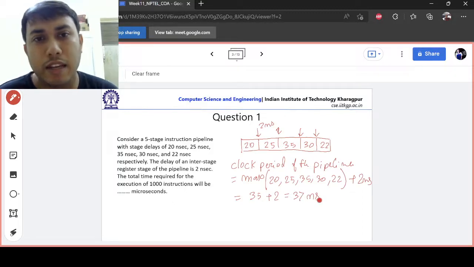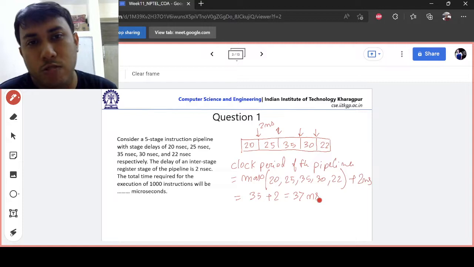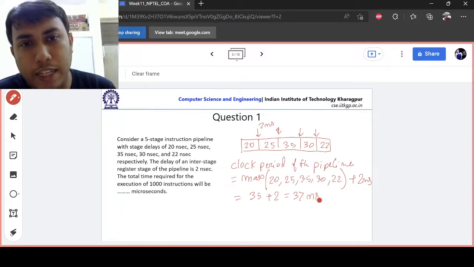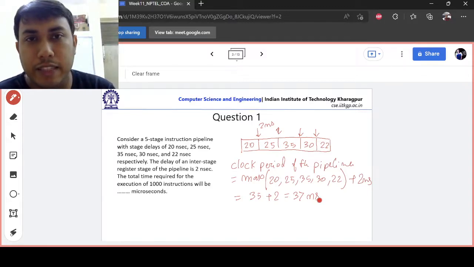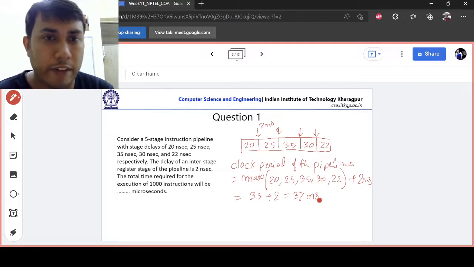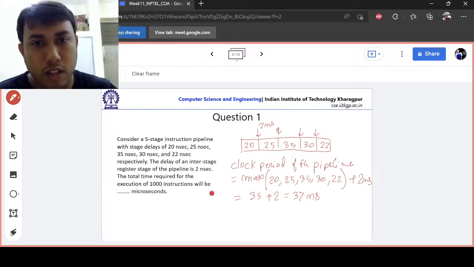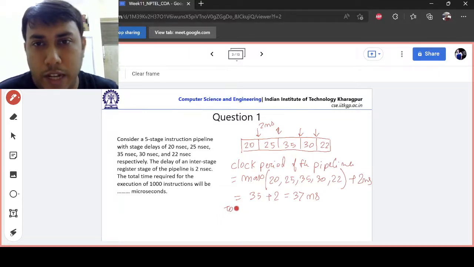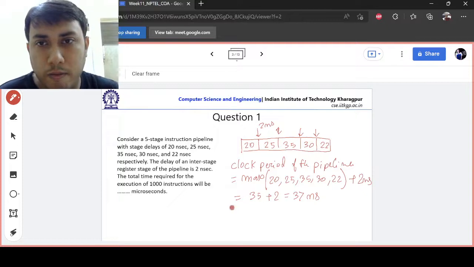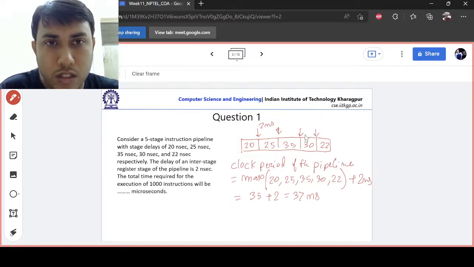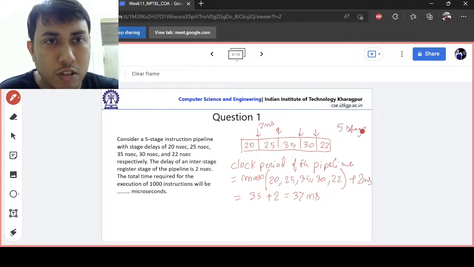So basically the clock period is chosen as the stage which has the maximum delay. In this case it is stage 3, 35 nanoseconds, plus the 2 nanoseconds interstage delay. The total number of stages is 5, it is a 5 stage pipeline.